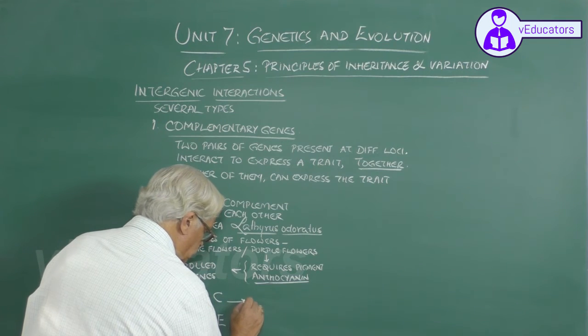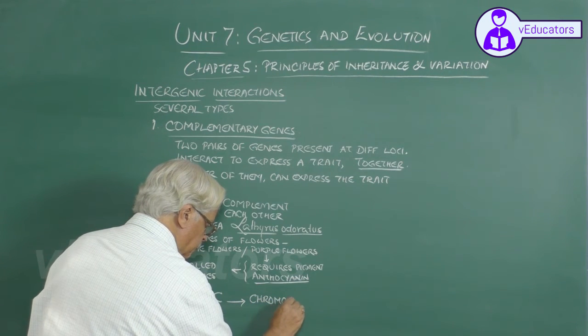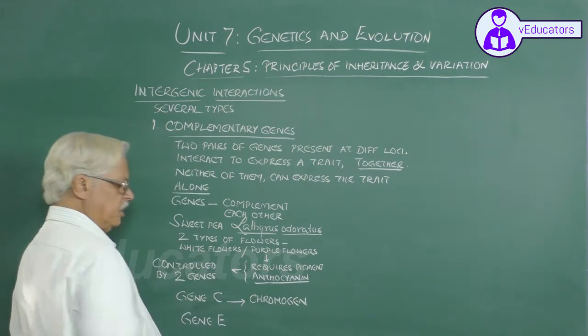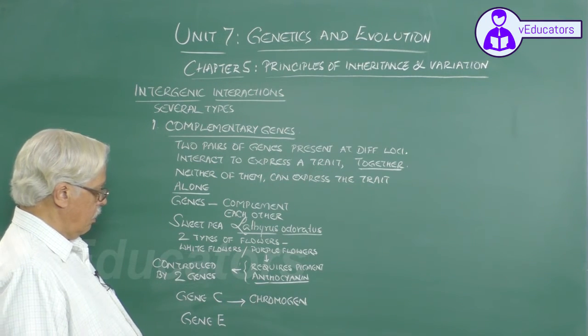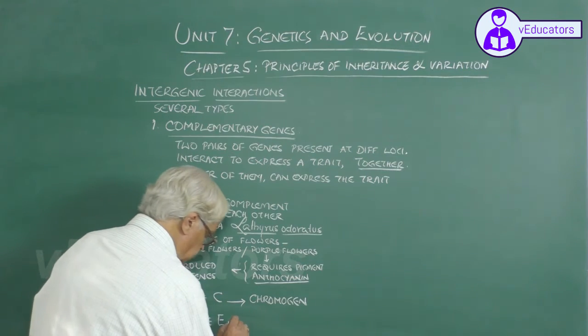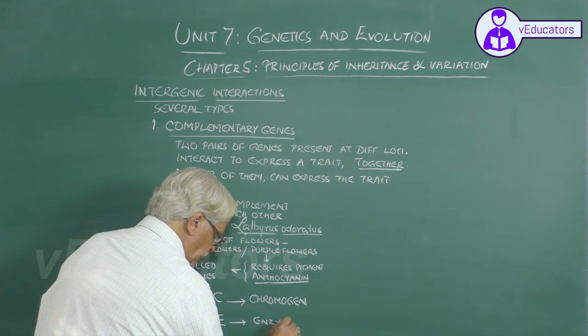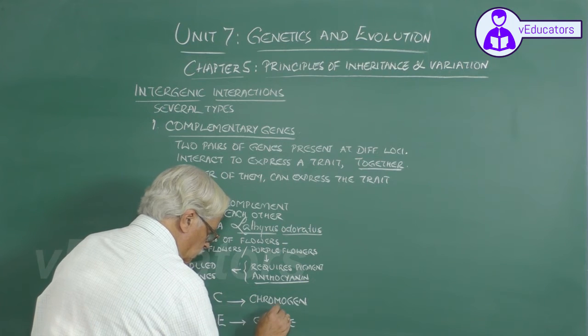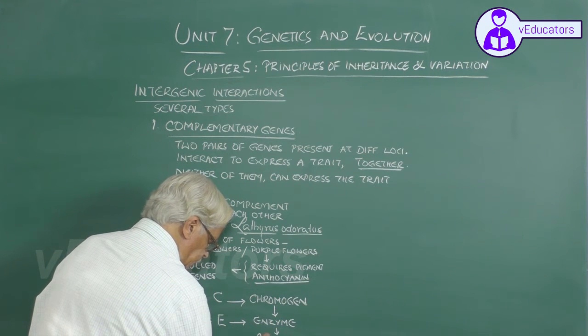Gene C is responsible for producing a raw material called chromogen, and gene E is responsible for producing an enzyme.